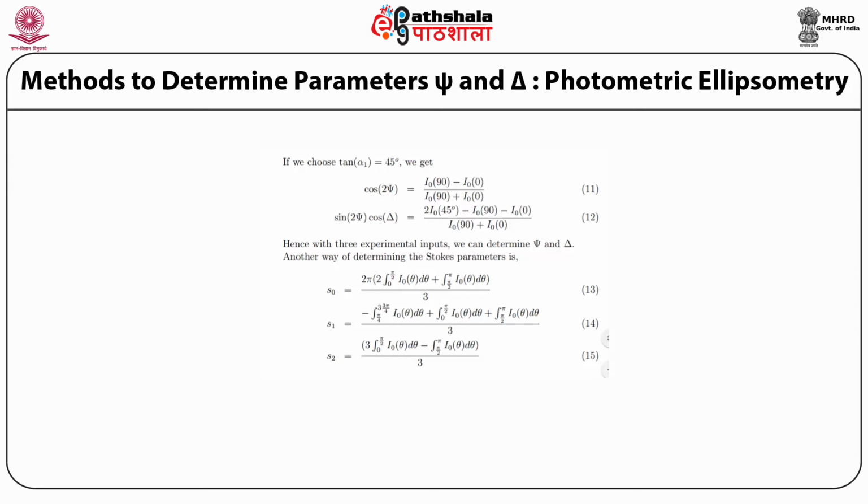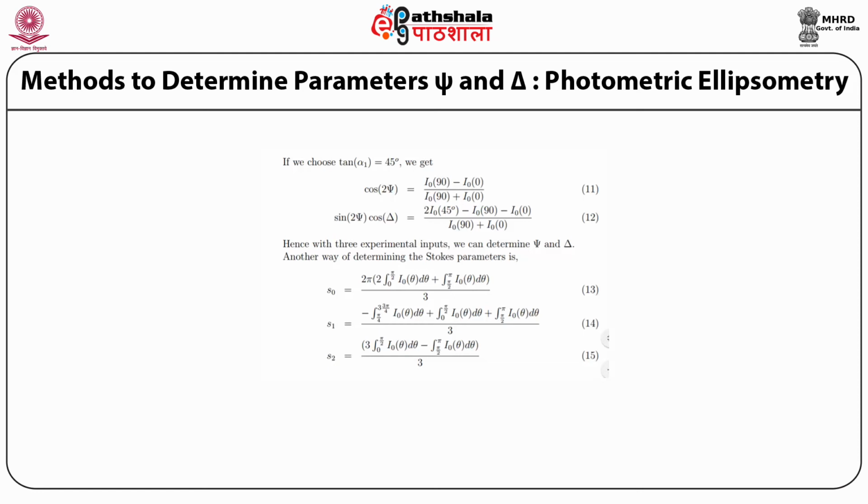Sin 2ψ cos δ will be equal to 2 I₀ at 45° minus I₀ at 90° minus I₀ at 0°, divided by I₀ at 90° plus I₀ at 0°. Hence, with three experimental inputs, we can determine psi and delta.